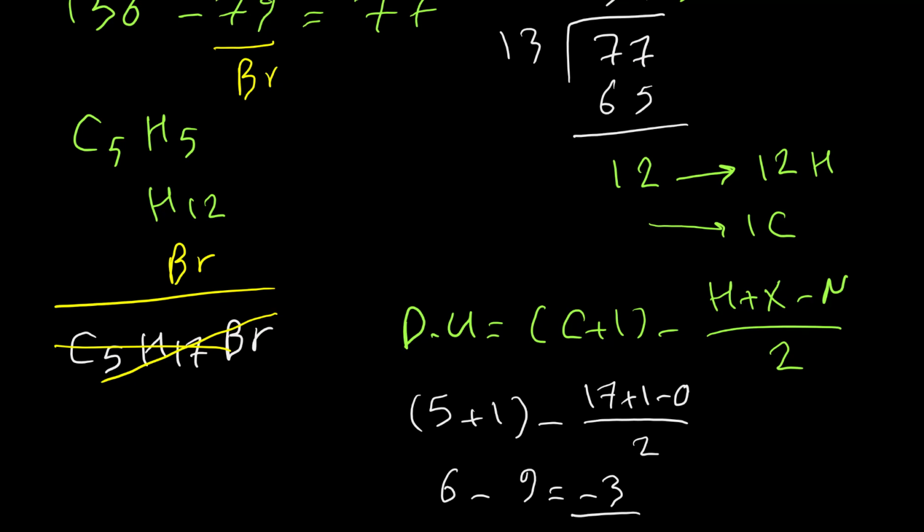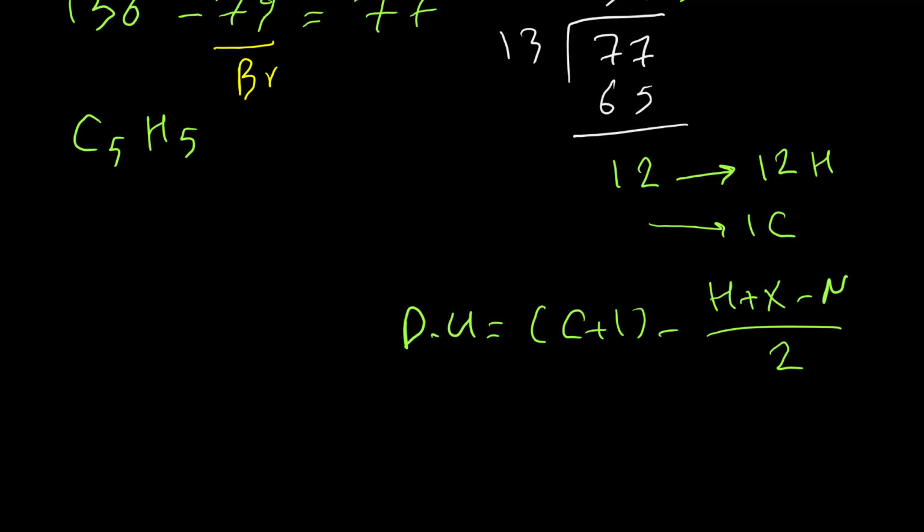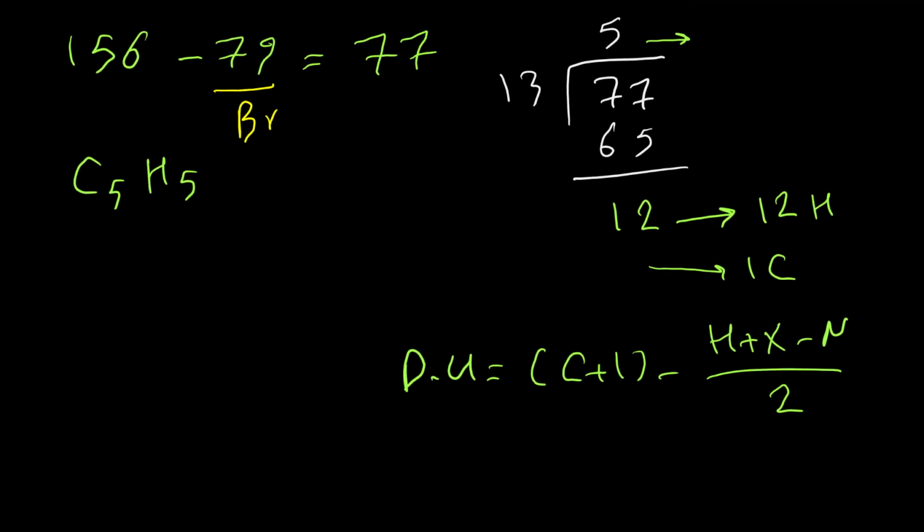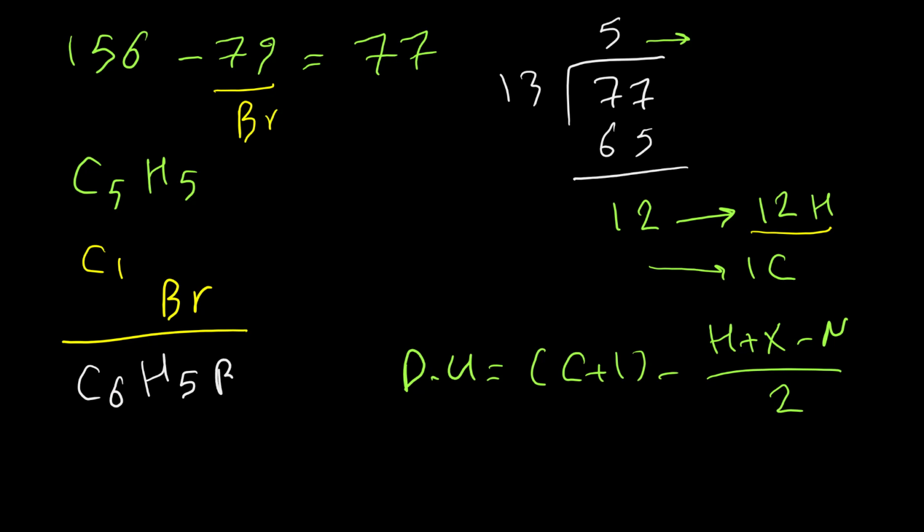So let's consider the other possibility, when we have one carbon instead of 12 hydrogen. Again, we have C5H5 because of the quotient, but this time, instead of 12 hydrogen, I put one carbon here. And for sure, again, we have a bromine in our formula. Then the answer is C6H5Br.